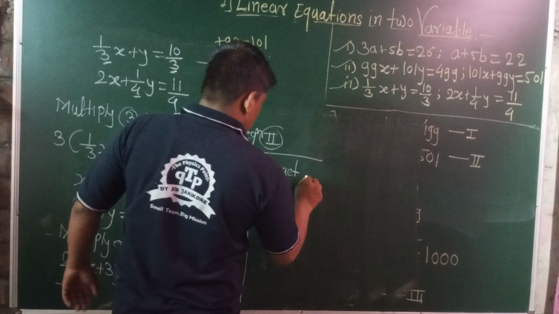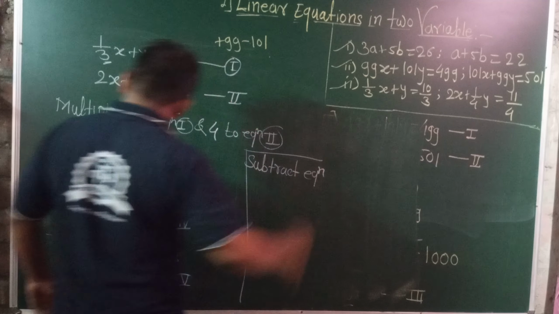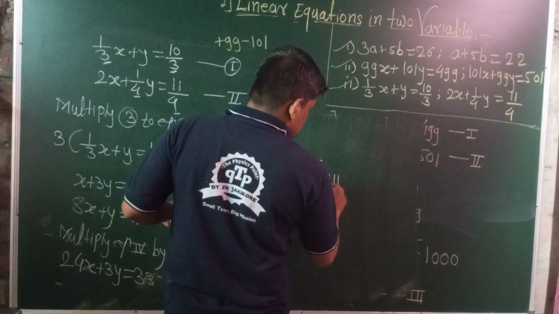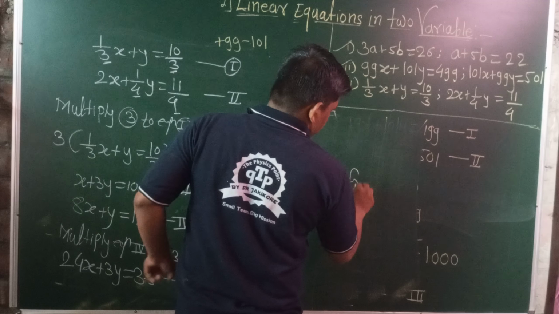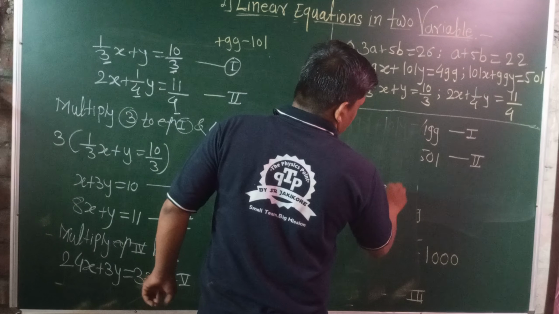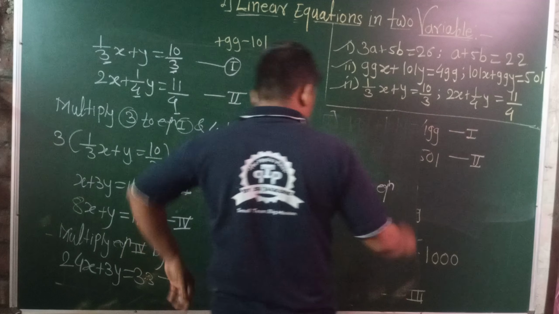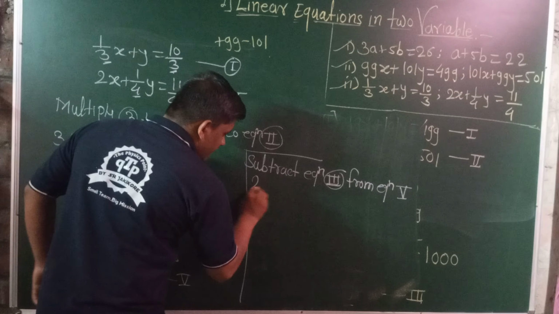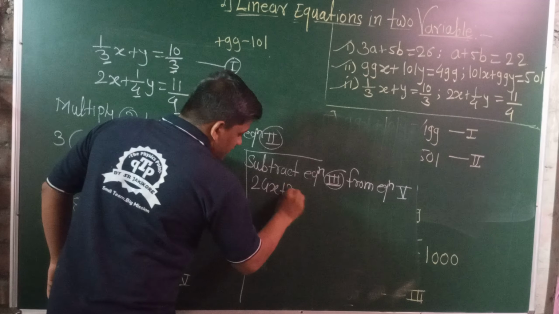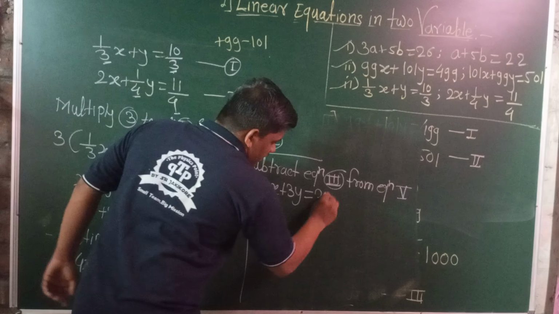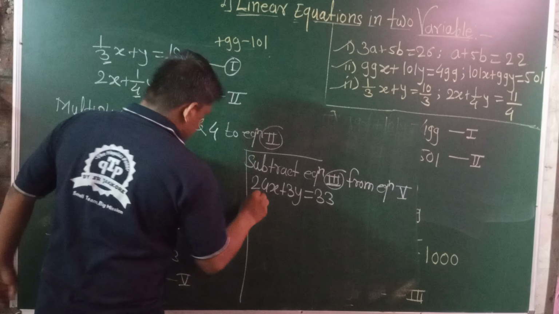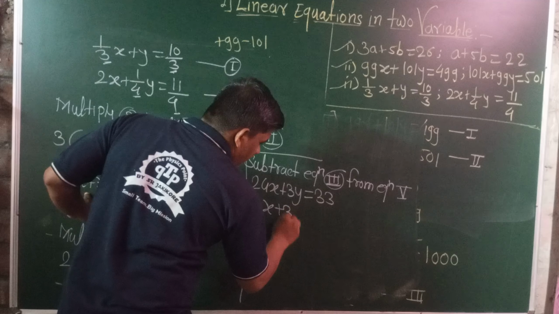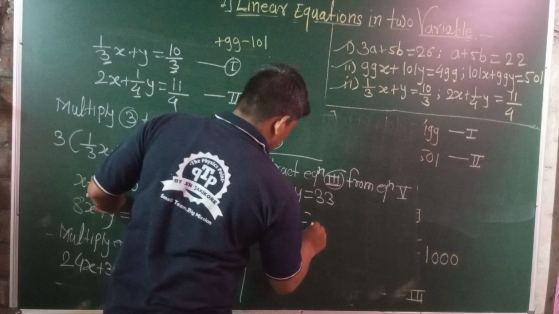Subtract equation 3 from equation 5. Equation 5 is 24x plus 3y equal to 33, minus x plus 3y equal to 10.